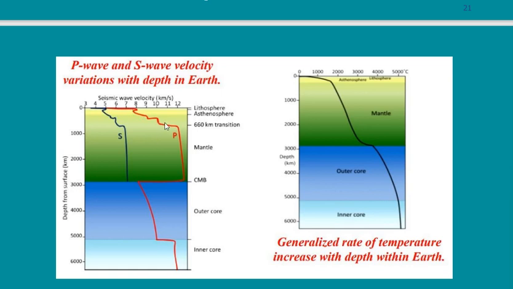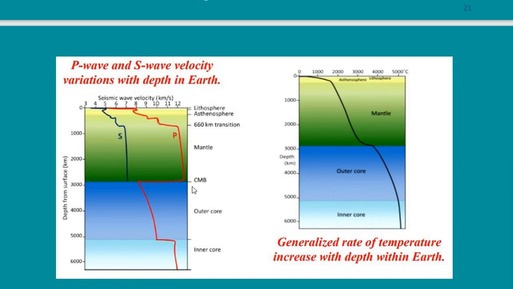This is the P wave. If you look at the P wave, you will find that the top part is the mantle, followed by the outer core, followed by the inner core. By the way, you will find here CMB. CMB means core-mantle boundary.